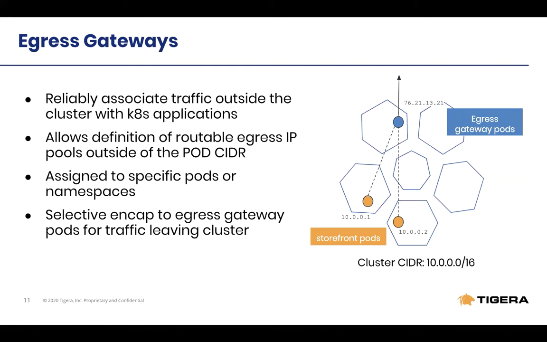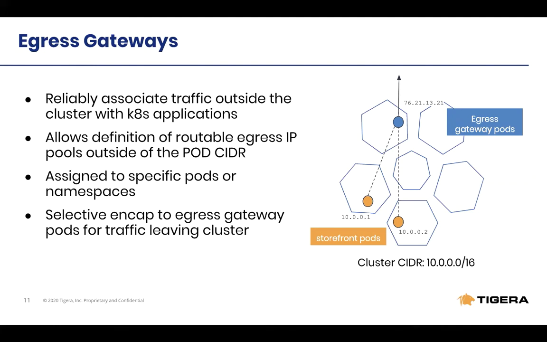Then the SNAT happens on the egress gateway pod, and you get an IP within the range of your egress IP pool. You can then go to your network security team who's defining your firewall rules and say, hey, here's the egress IP range for this application, and you need to enable access to some external resource like a relational database.